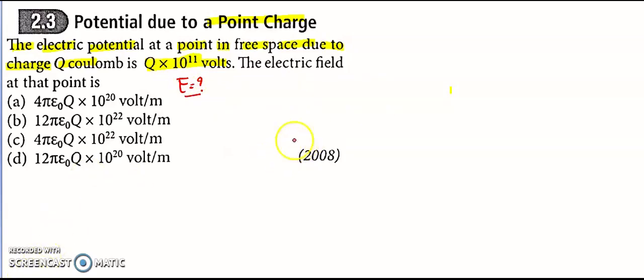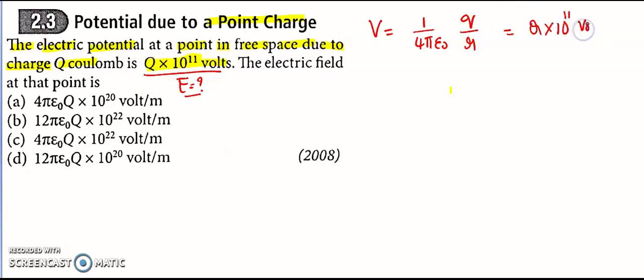The potential V is equal to 1 divided by 4 pi epsilon naught, Q divided by R. What is given is the potential, Q into 10 to the power of 11 volts.